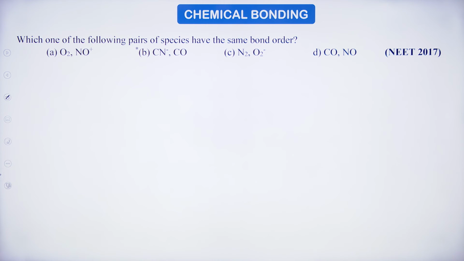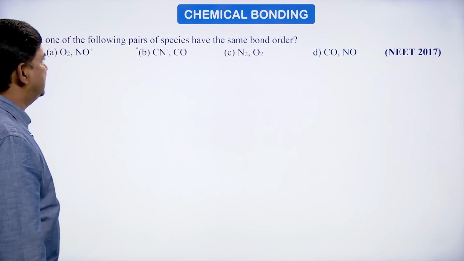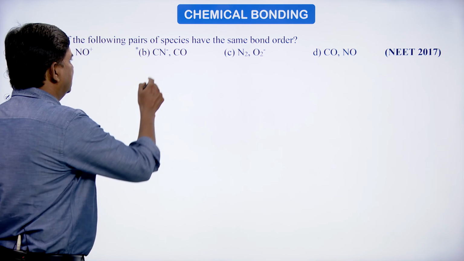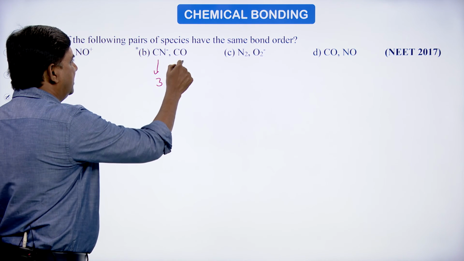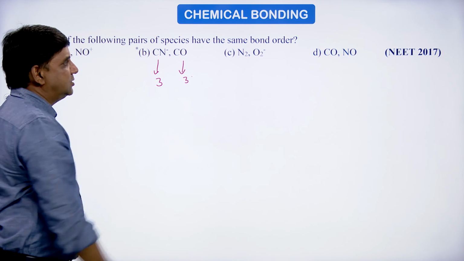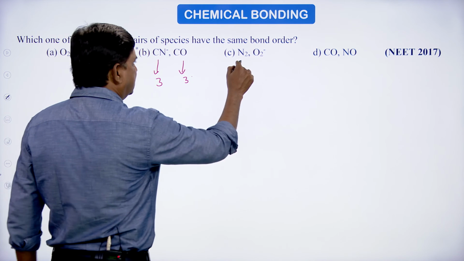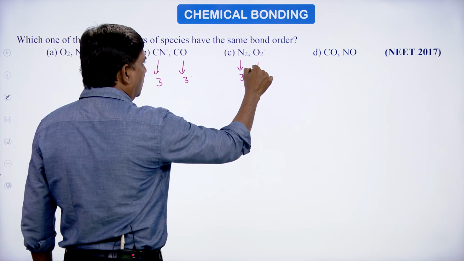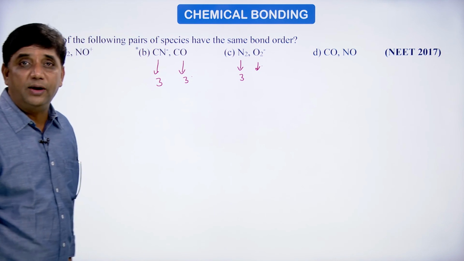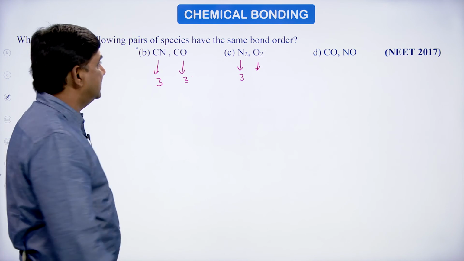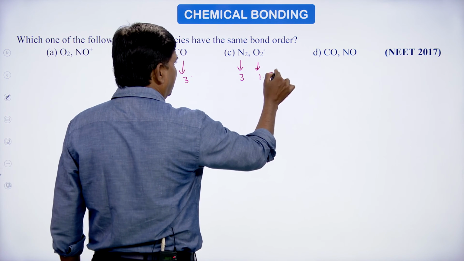Which of the following pairs of species have the same bond order? CN minus bond order is 3, carbon monoxide bond order is also 3. Just now we have calculated. N2 bond order is 3, O2 minus, as the number of negative charges increases bond order decreases, that is 1.5.